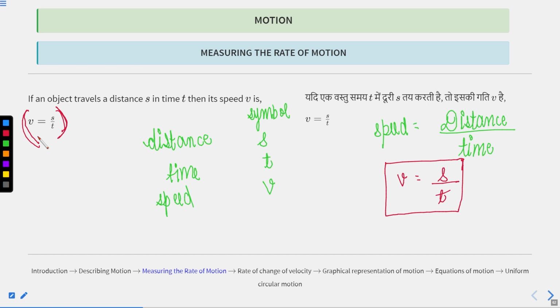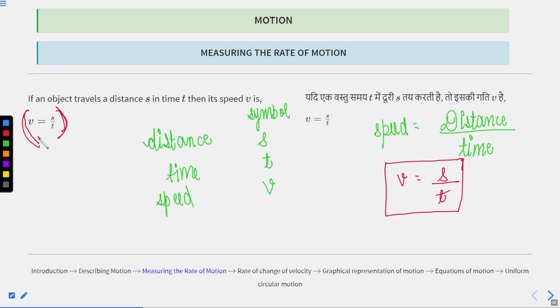Is it clear, class? So, in today's class, we have started the topic uniform motion and non-uniform motion. First, we learned what uniform motion is. When an object covers equal distance in equal intervals of time, then the object is said to be in uniform motion. And when an object covers unequal distance in equal intervals of time, then the object is said to be in non-uniform motion.